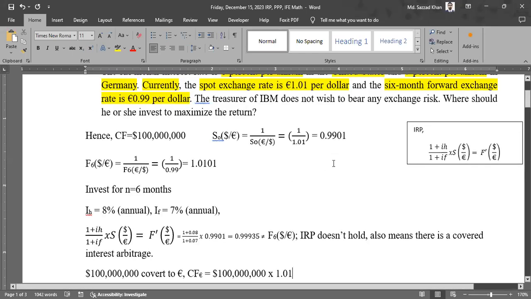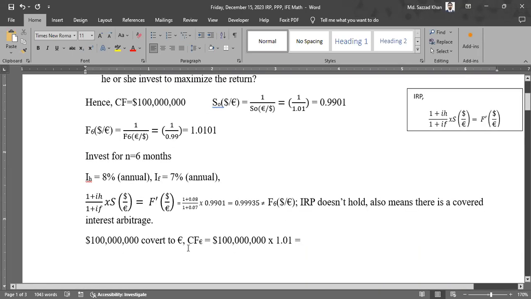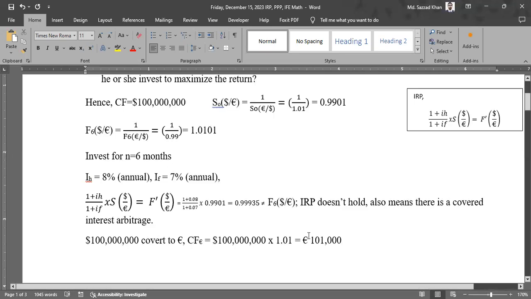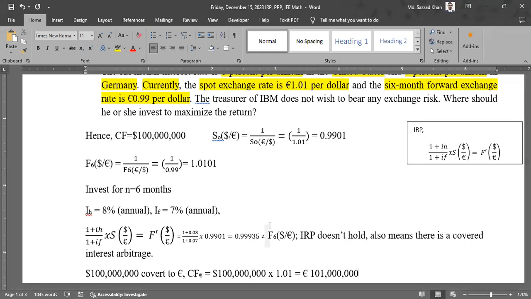Multiply with 1.01, or we can divide it by 0.9901, the same thing. Okay, so how much will you get? It will be euro currency 101,000,000. Okay.